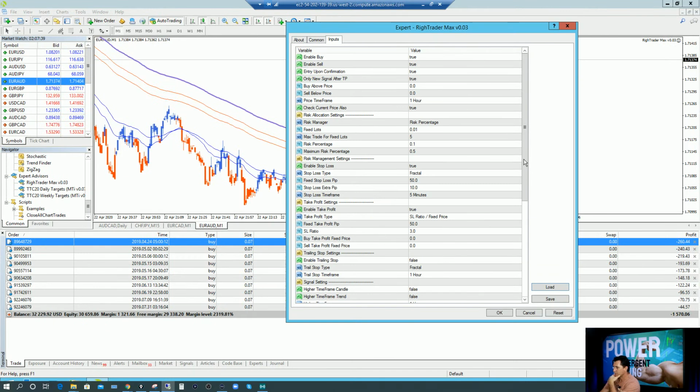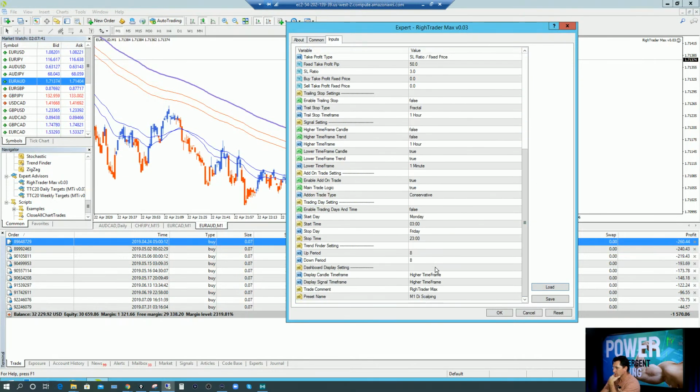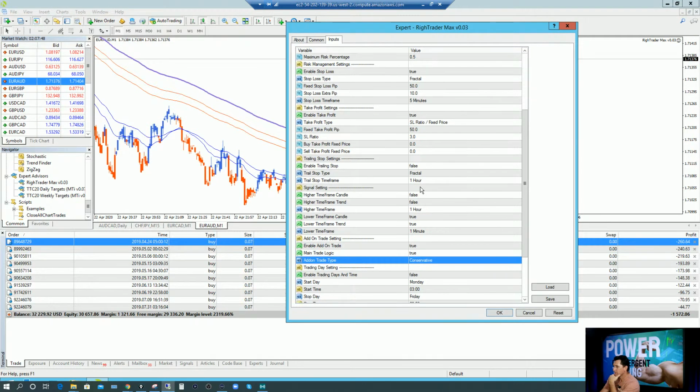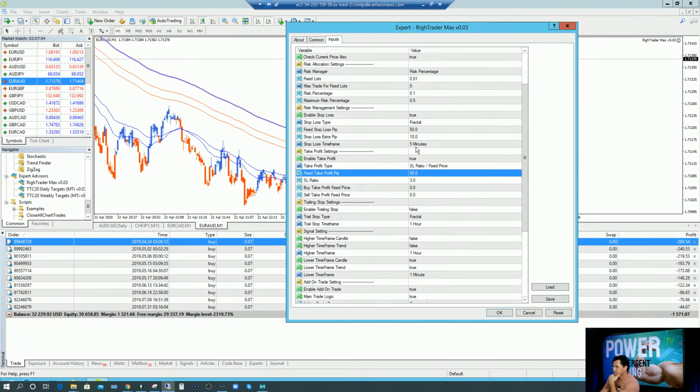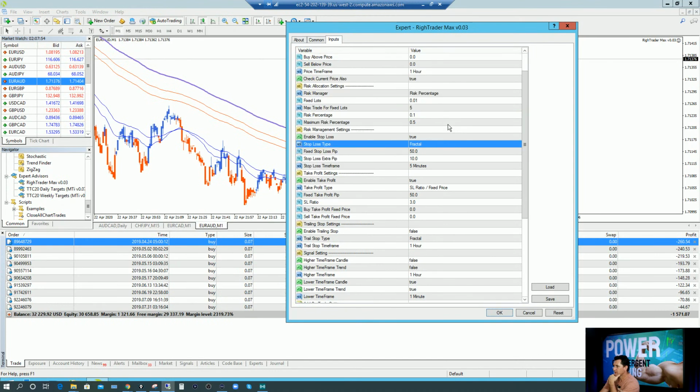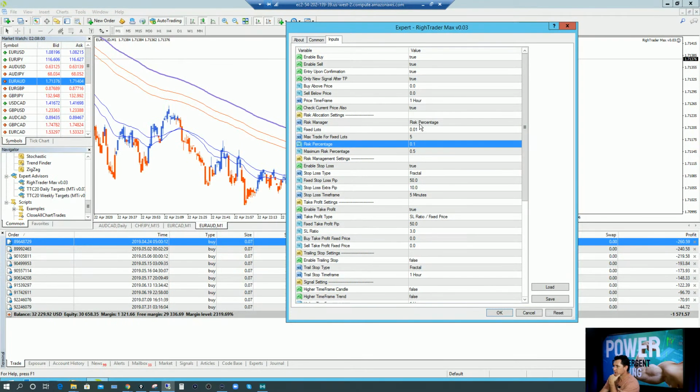And I'm going to just add a few things here that I want defaulted. Let's see here. This I want to default to lower. And time, I don't worry about the time so much for now. 1 minute, that's perfect. 5-minute fractal, that's perfect. The risk is perfect right there.